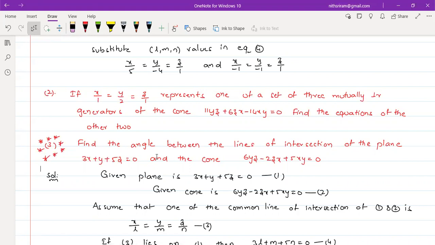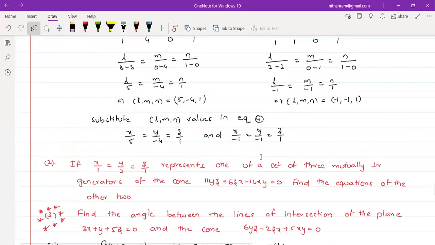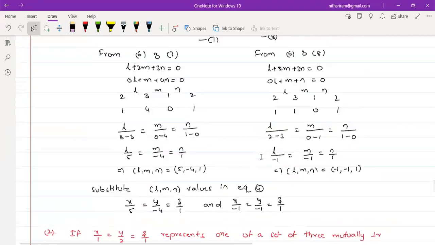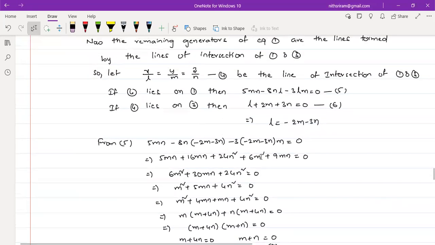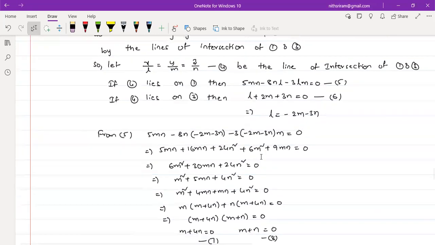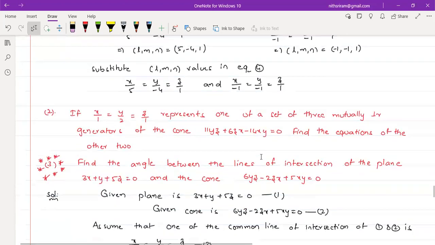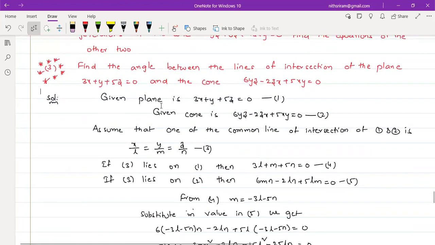It means we have to find the two lines which are formed by the intersection of the plane and the cone. That is what we have already done in problem 1. So we have found the two line equations by the intersection of the plane and the cone. Okay. In this way, we have to find once again the lines of intersection of the plane and cone.